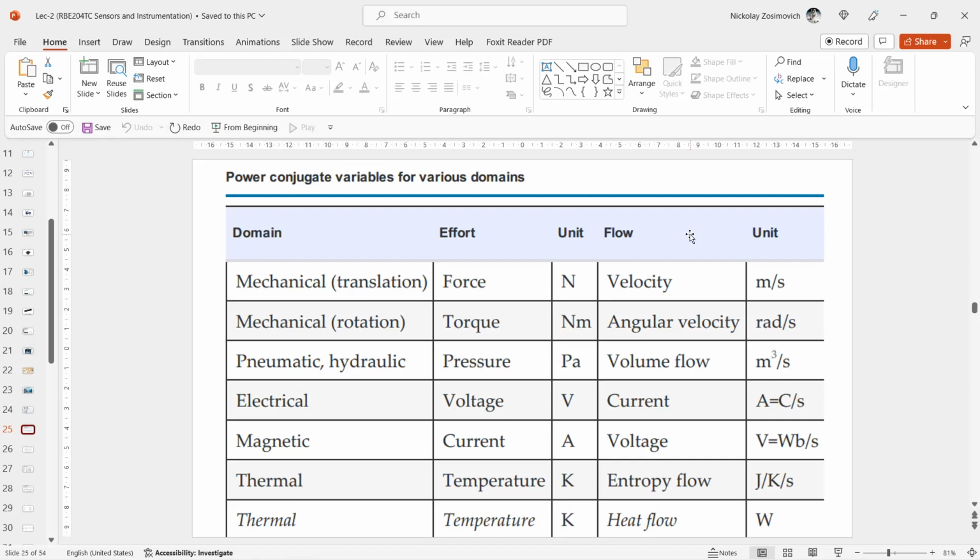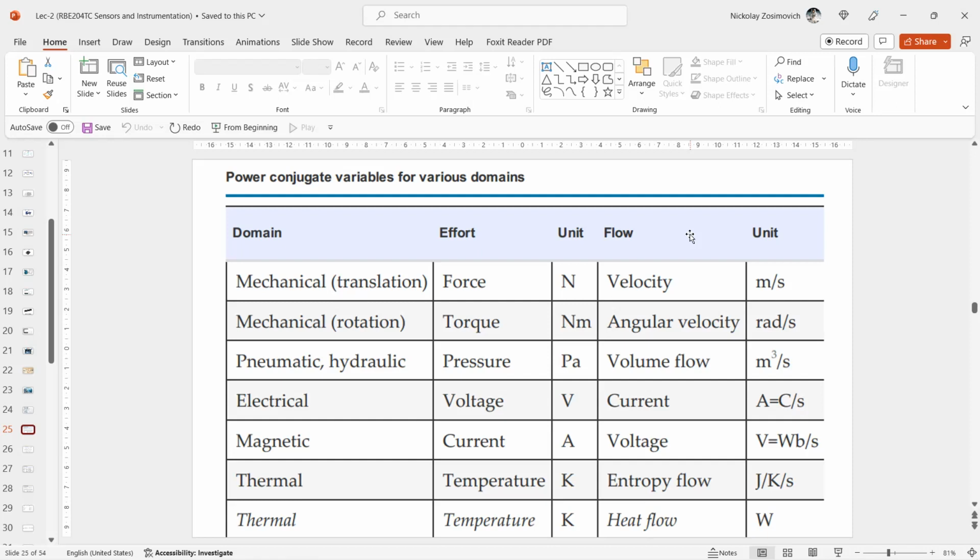That property is thought to be concentrated in that element between its two endpoints or nodes. Exchange of energy or information occurs only through these terminals. In this sense, we distinguish a cross variable, defined by the difference of its value between the two terminals of a lumped element, like voltage and velocity, right?